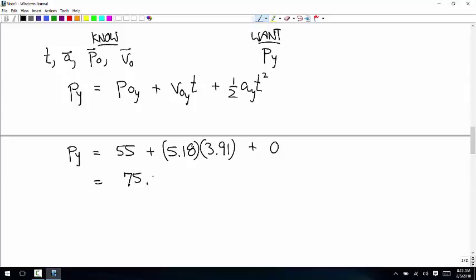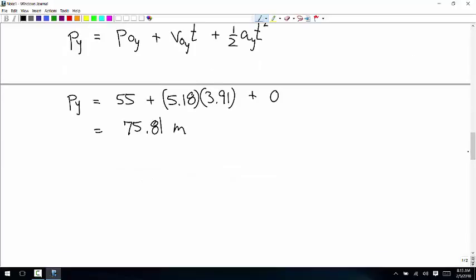Okay, so 75.81 meters. Okay, so has the helicopter gone up 75.81 meters? No, that's the final height. And so the y component of the displacement, is that what it is? So 75.8.